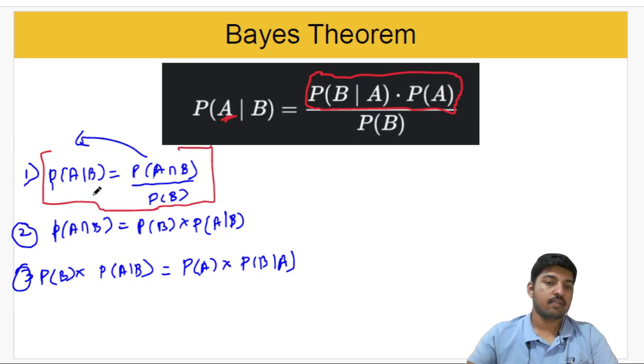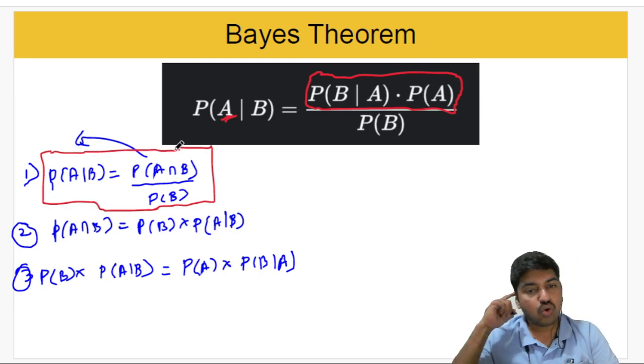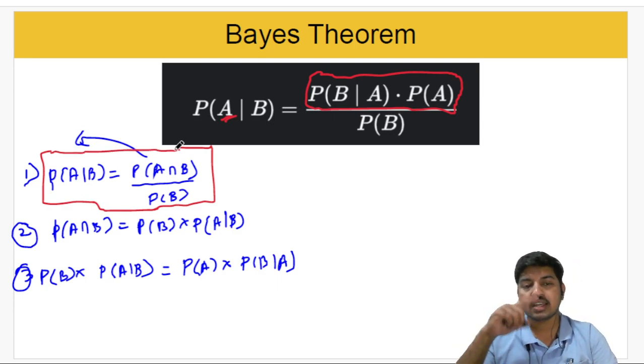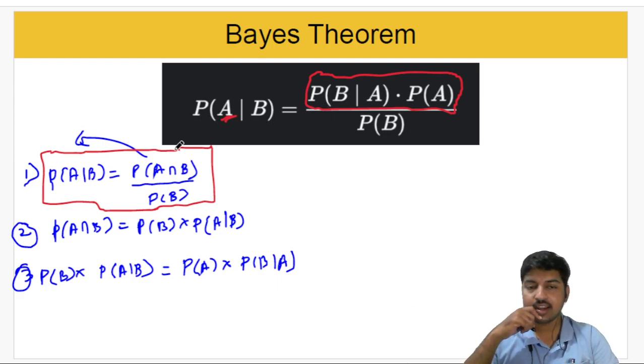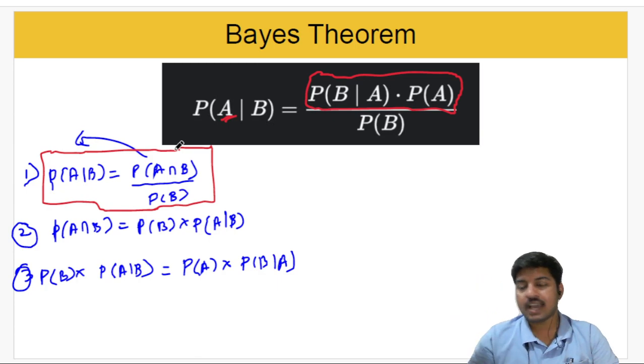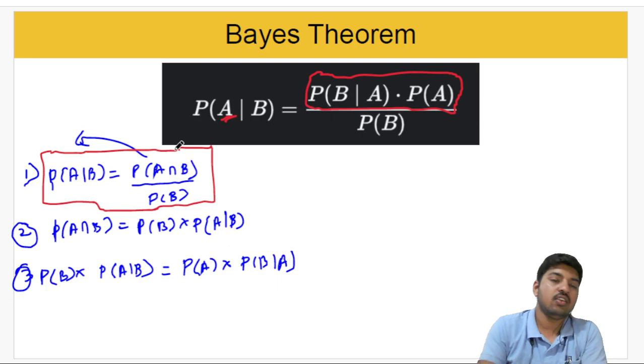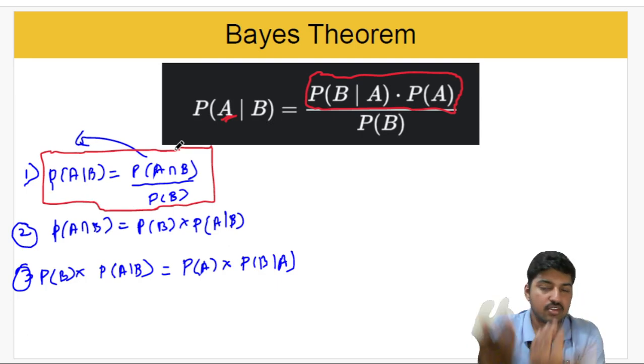So now he took our earlier formula of conditional probability. Now what is the problem here? Here you are required to know the probability of A intersection B. See, when you are doing a dice problem, it is a very simple problem. You can do it by hand, you can visualize.